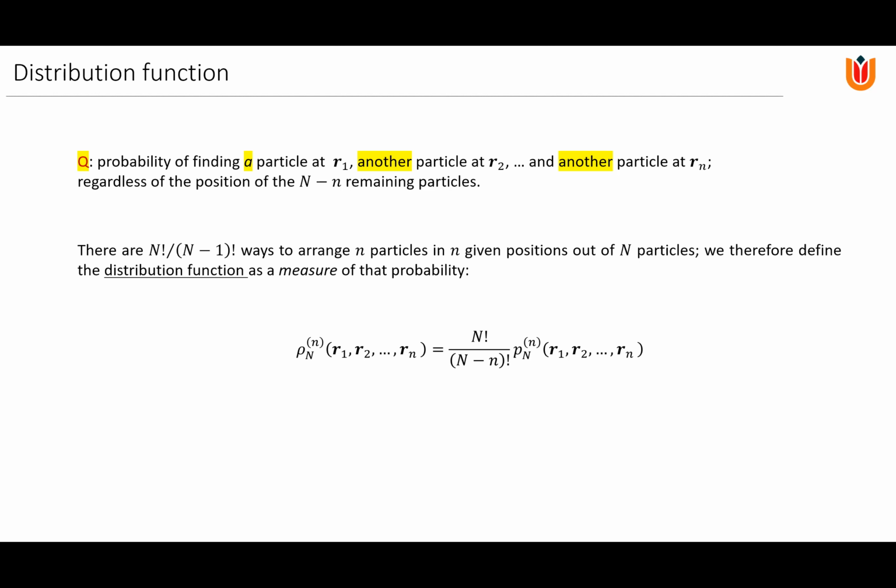Then we get this new function, rho of n. So n particles, while the other ones can take any position. It's a measure of probability, or a likelihood, because this rho is not a normalized function. This was normalized, but we added a prefactor here, so it is no longer normalized.